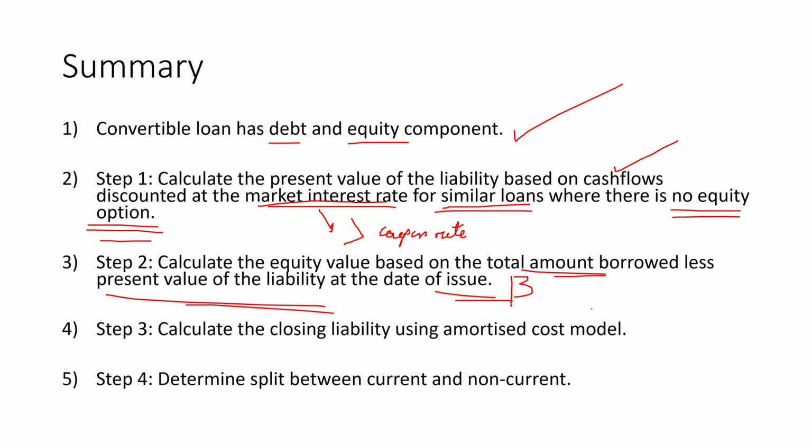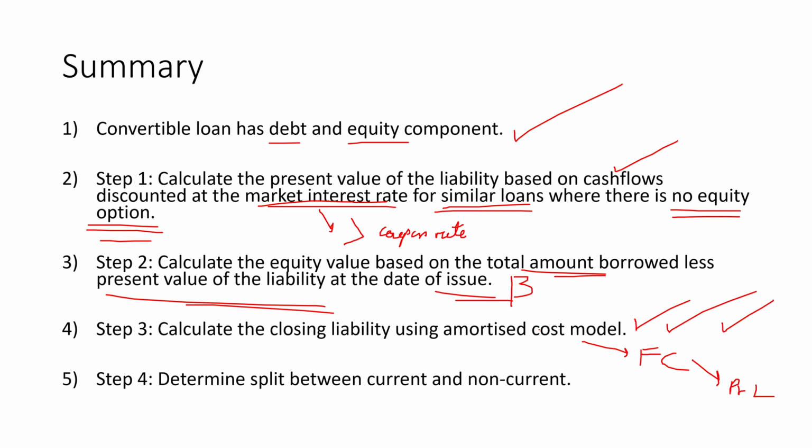The third thing is we calculate the closing liability using the amortized cost model, and make sure that you consider what the finance charge on the loan is, that needs to be expensed to P&L. Okay, and make sure that in your amortized cost model, your table, you're putting everything in the right order. So if the coupon payment is payable in advance, the coupon payment comes before the effective interest rate.